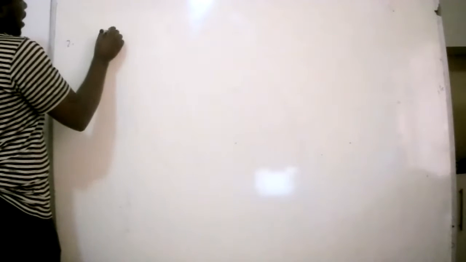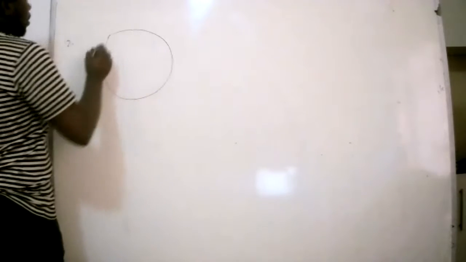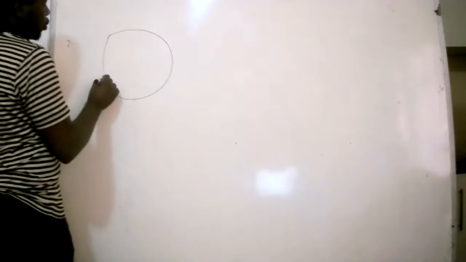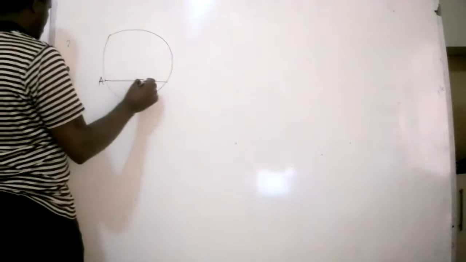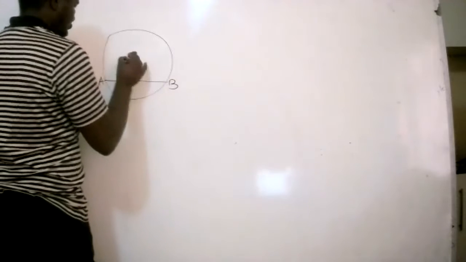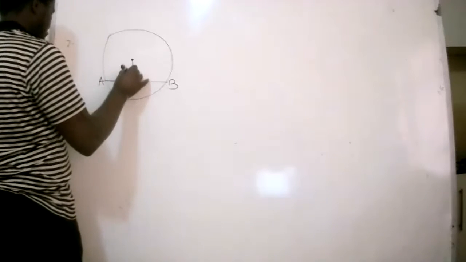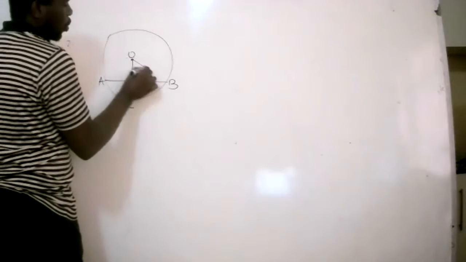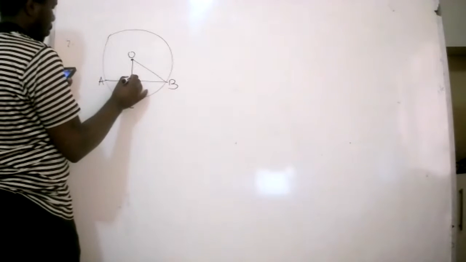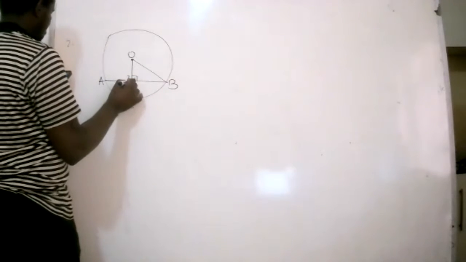So question number 2, we are given a similar circle with a chord. So this is the chord AB. And then the center is there, goes to C, and then this is O, and then it joins B. And here we have 1, and there we have 2.